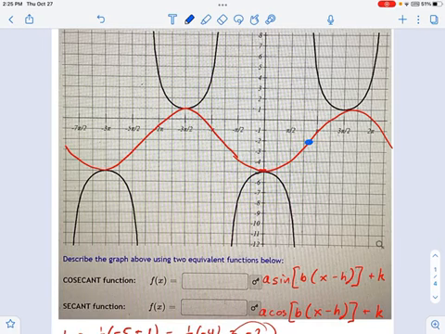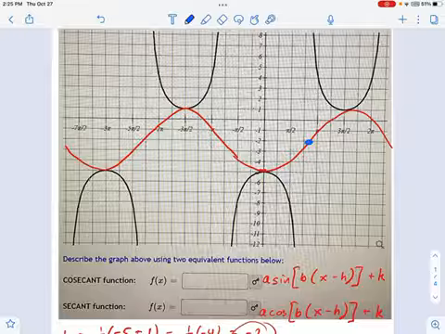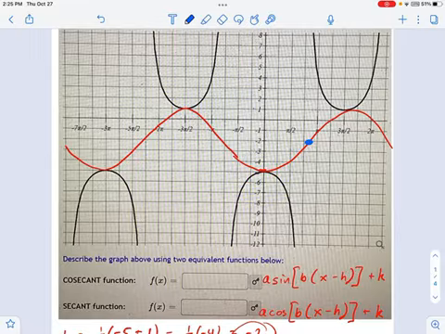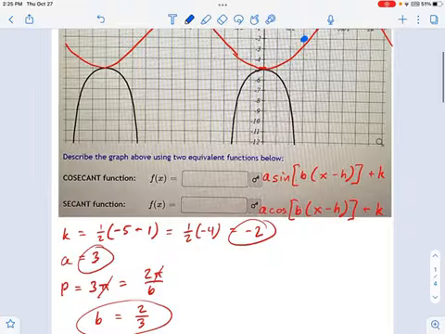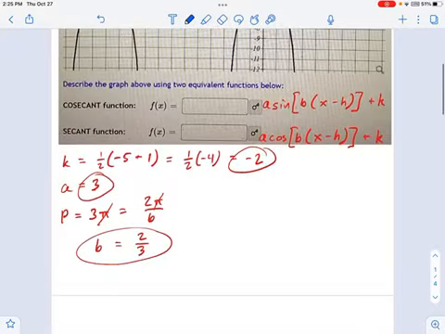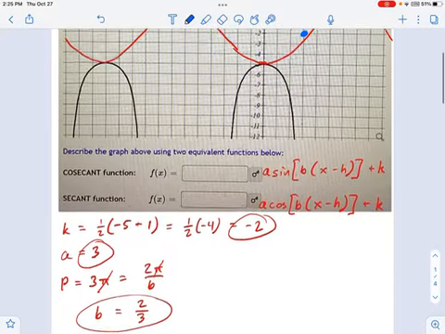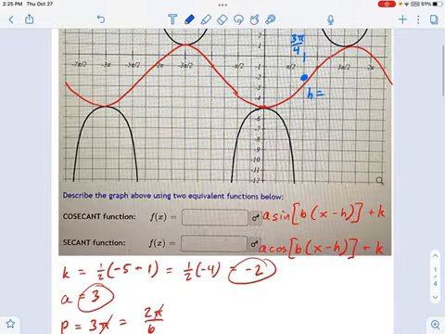It's on the midline at -2, and it goes up from there. So because of the clumsy way I drew this graph, really the midline crossing should be right here, okay? And that's going to be between pi over 2 and pi, so that's going to be 3 pi over 4, right? 3/4 pi. So that's all I have to do. I just say from there, h equals 3/4 pi.